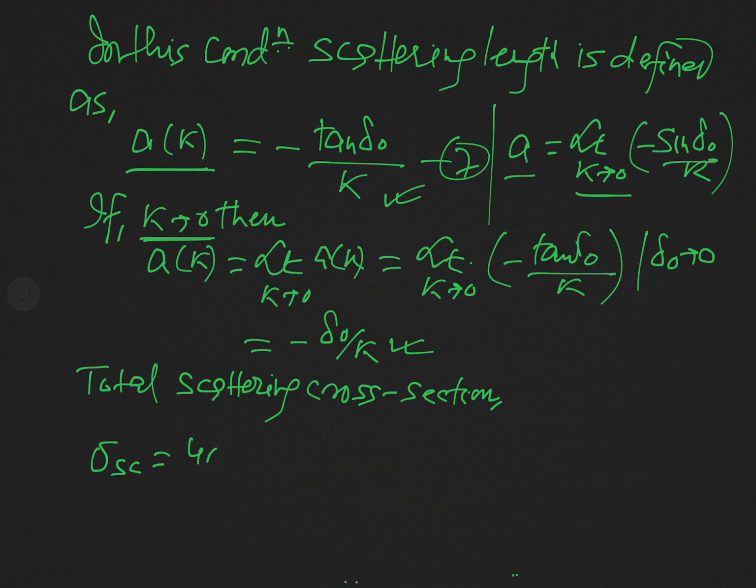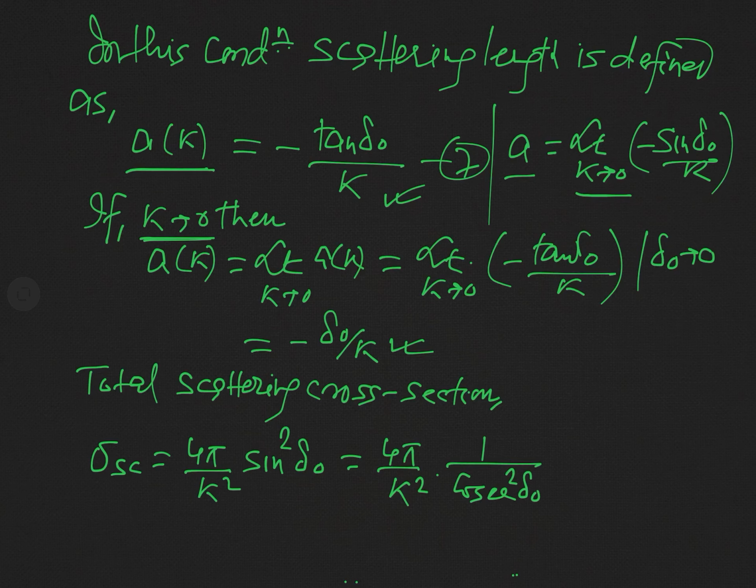We know that sigma SC is equal to what? In general, we know this is 4 pi by k square sine square delta naught. And we can write it 4 pi over k square into 1 over cosec square delta naught.